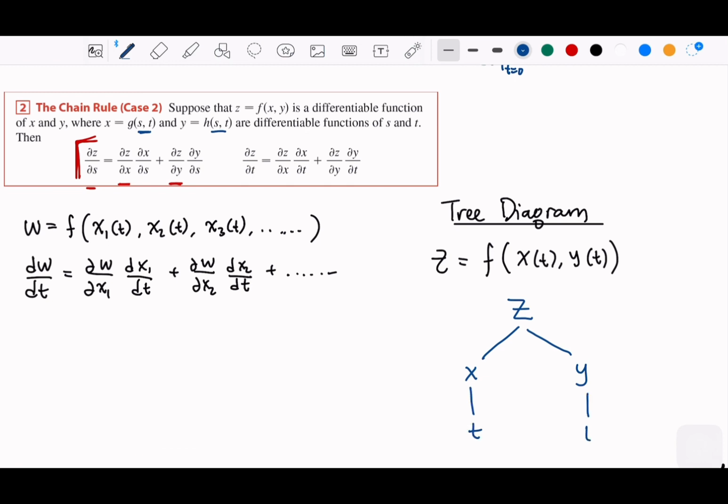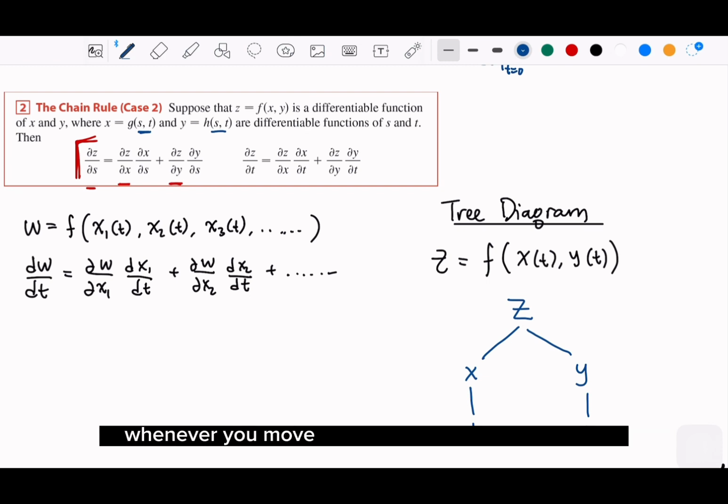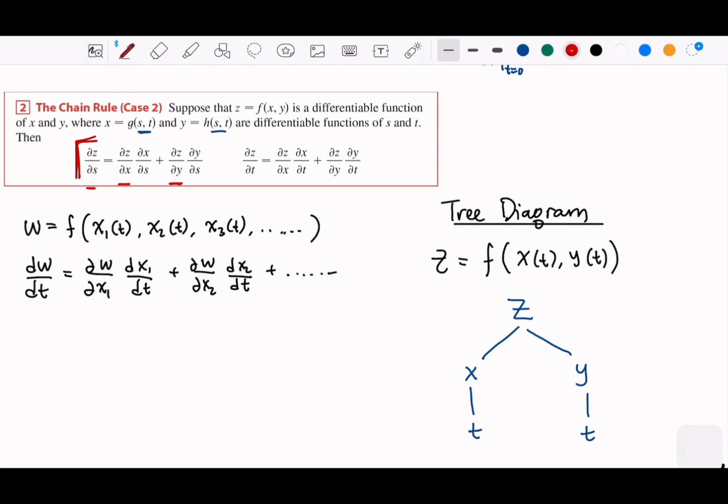Whenever you move from the source and get down, for example, we move from z to x, we are going to take the derivative of z, so dou z dou x. We write with Leibniz whenever you see any branch.